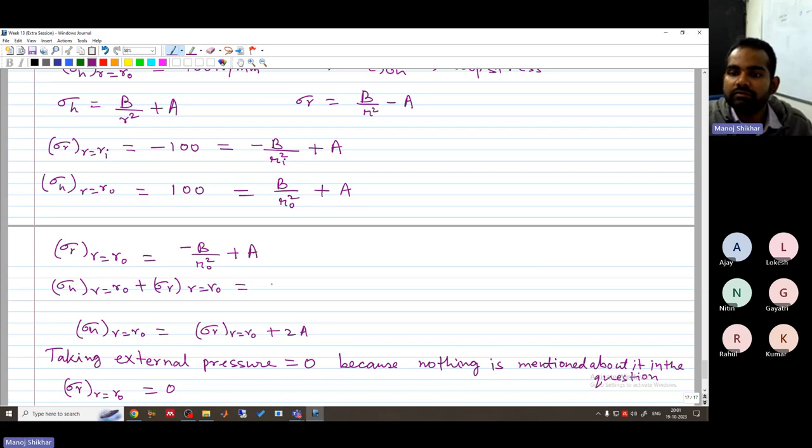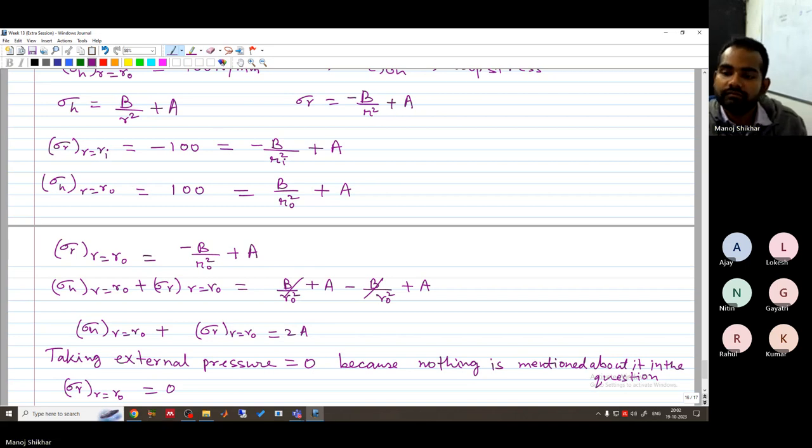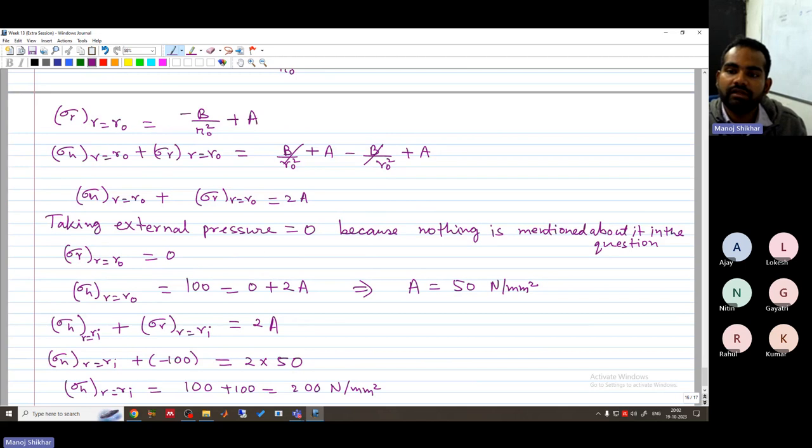So this will be equal to b by r0 square plus a minus b by r0 square plus a. So this will cancel. So here we will have sigma h at r equal to r0 plus sigma r at r equal to r0 equal to 2a. Okay, so the formula I wrote here was wrong. That's why this happened. So from here we have external pressure as 0.